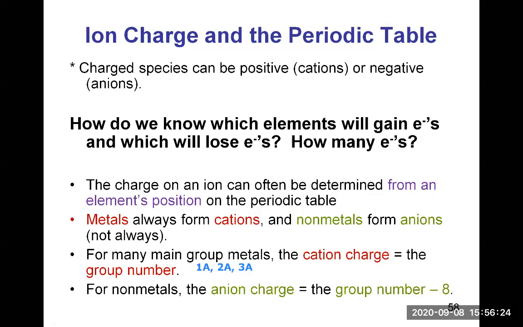And those nonmetals, actually from 4A to 8A, they form negative ions, which means you take the group number, and so for example, let's say 7A minus 8. 7 minus 8, it's going to be negative 1.